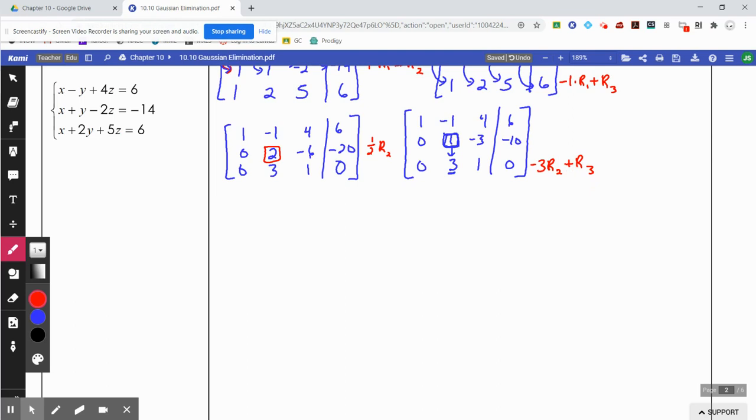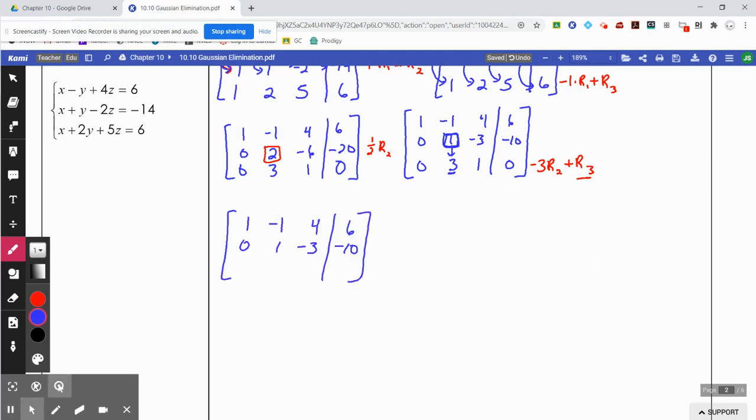And that only changes this row, row 3. So rows 1 and 2 stay the same, so I'm going to recopy them. And now let's do our steps. -3 times this and add it to this. It's 0. -3 times this and add it to this. It's 0 now. -3 times this is 9, plus 1 is 10. -3 times -10 is 30, plus 0 is 30.